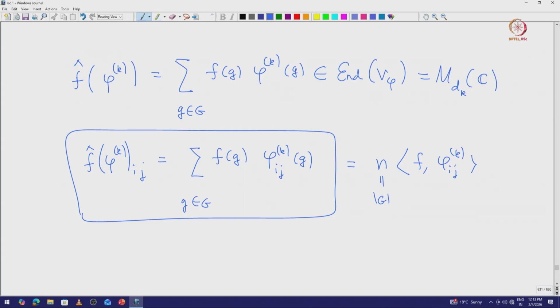Then we want to say that basically the Fourier inversion holds here. So, given f hat, you will be able to actually recover entirely the f.